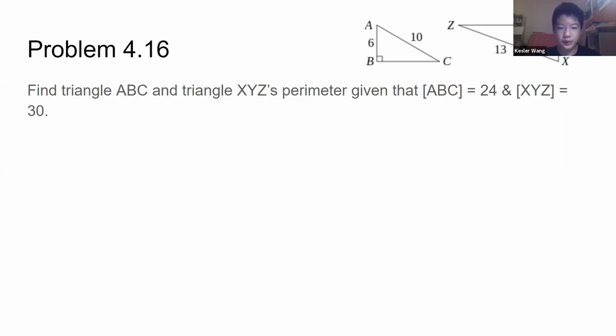So that's 24 and 30. ABC's area is 12 and XYZ is 30.